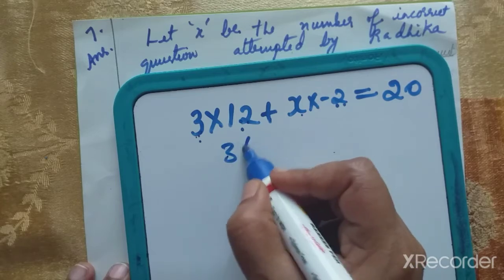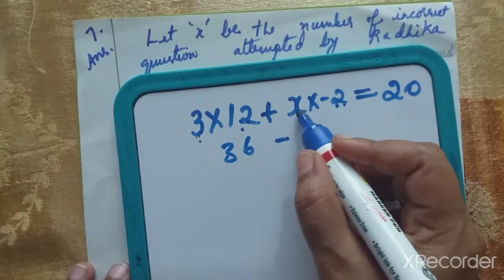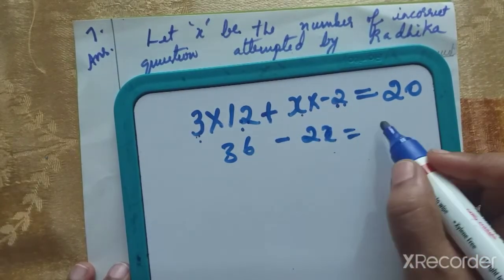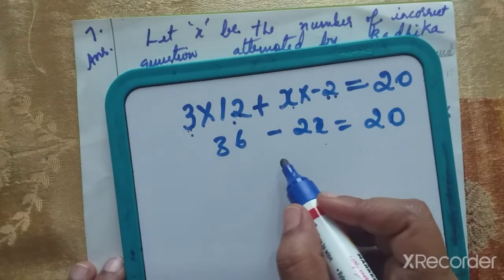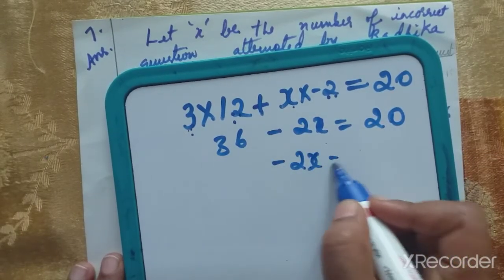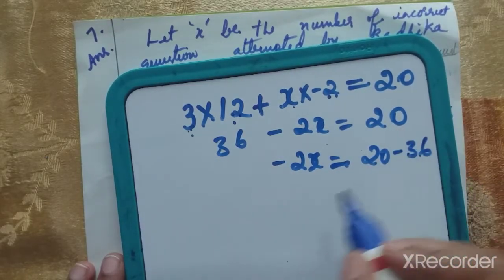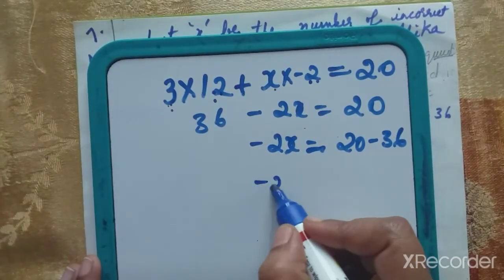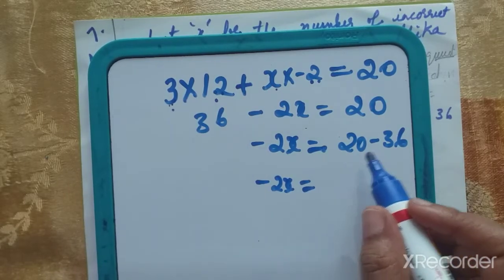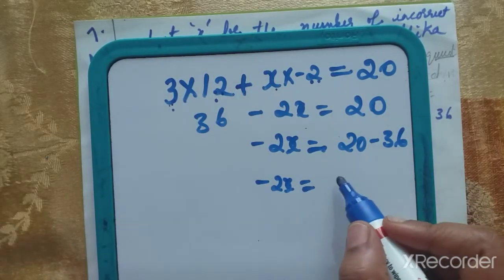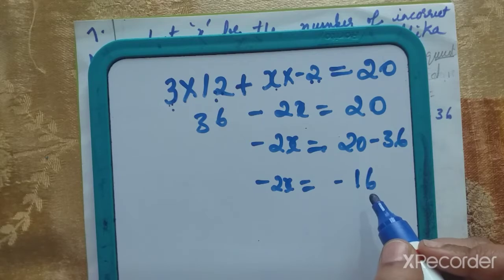12 into 3 is 36, plus into minus is minus, x into 2 is 2x, equal to 20. Now we have to find the value of x. Minus 2x equals 20 minus 36, so minus 2x equals minus 16.